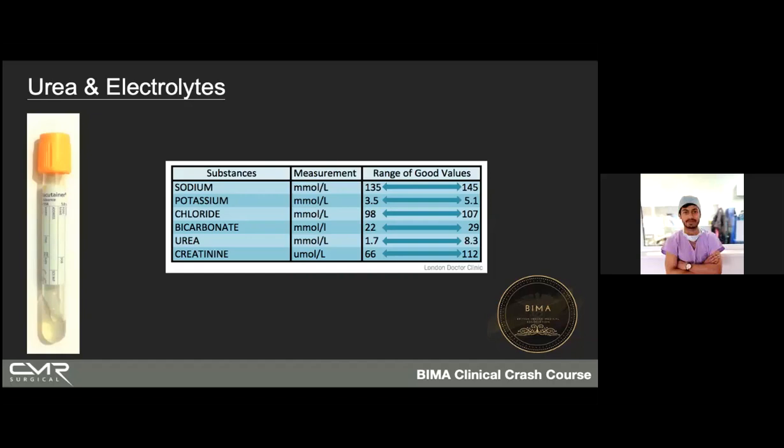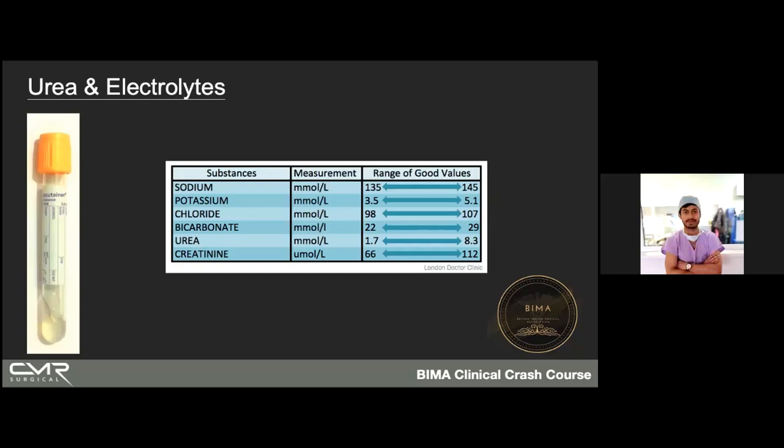As you can see here, the bottle that we'd use for collecting the blood would be the gold top or the yellow top, for the urea and electrolytes. The parameters that we're dealing with are mainly the sodium, potassium, chloride, bicarb, urea, and the creatinine, with specific focus on the sodium, potassium, urea, and creatinine.